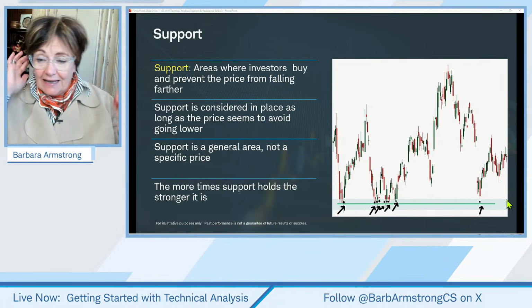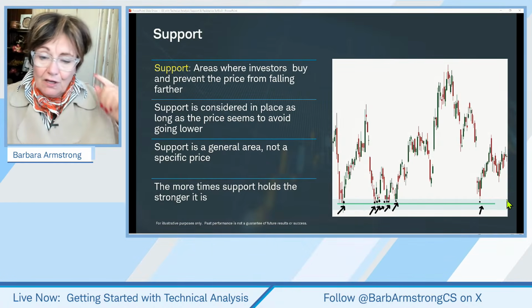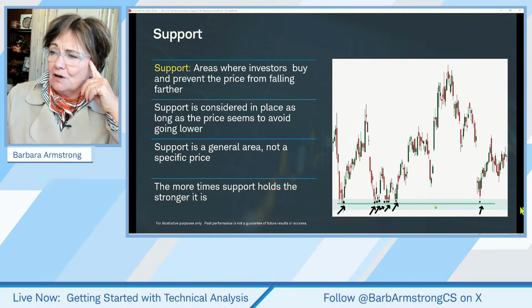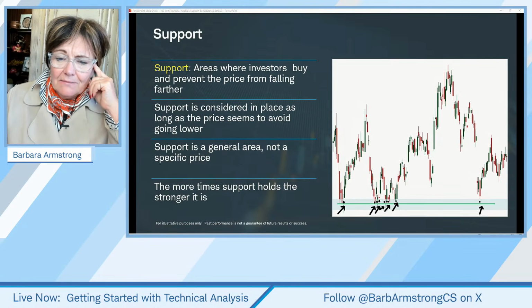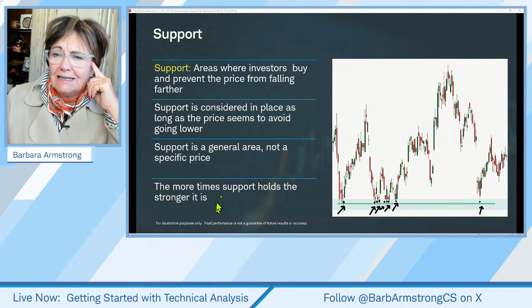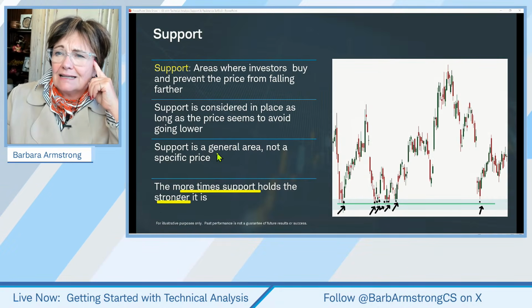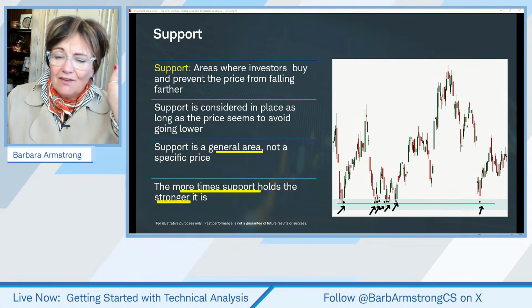That isn't to say that it can't happen, but the support level is considered stronger the more times it comes down and hits that particular price. And again, like I said, it's a general area, not a finite price.